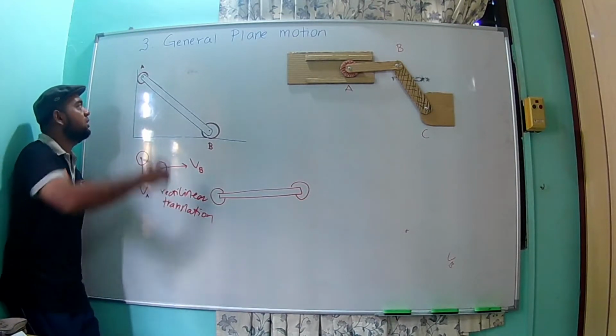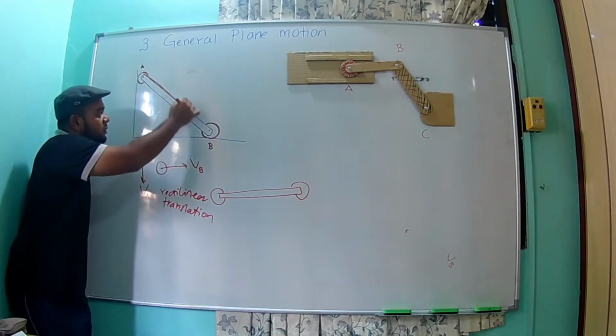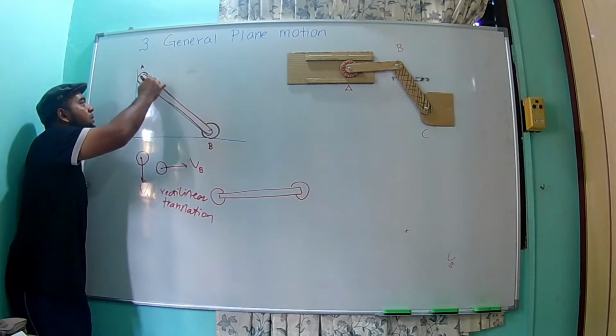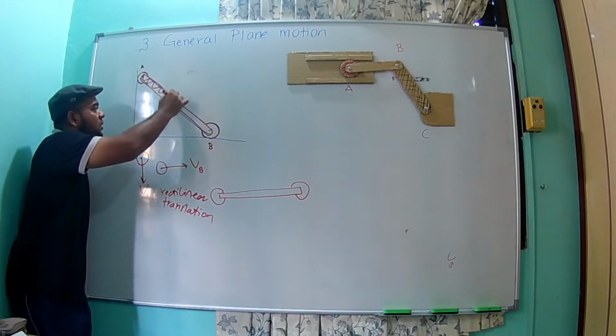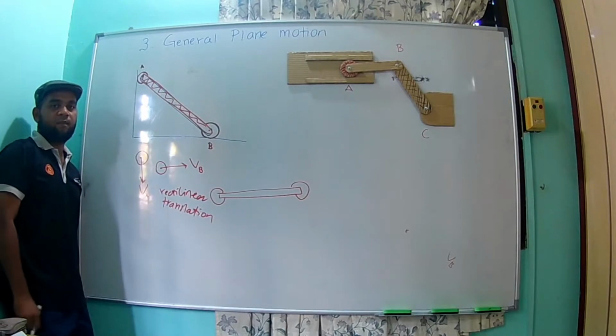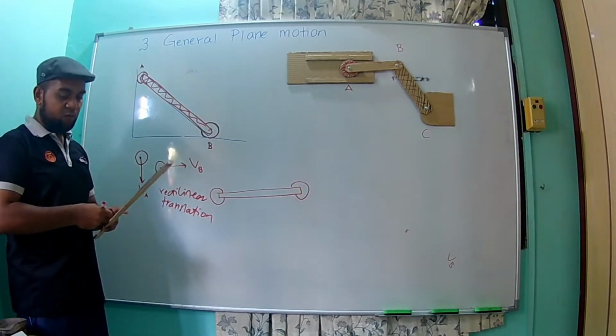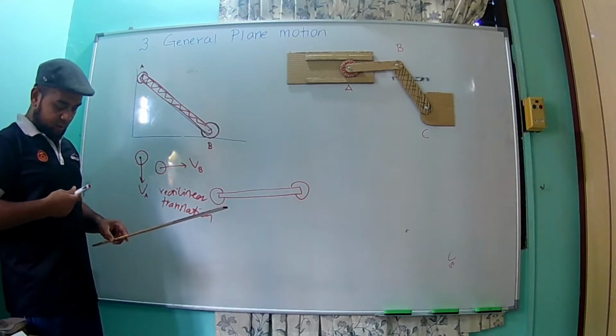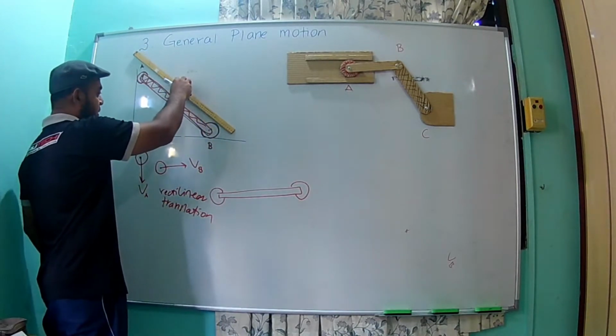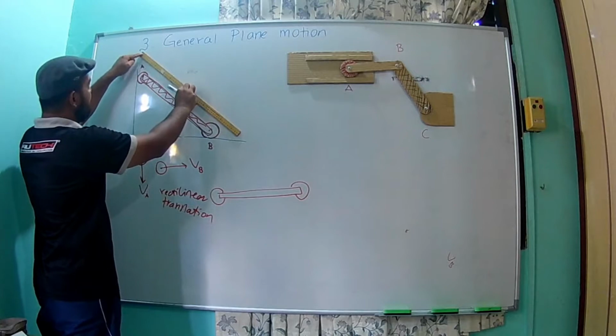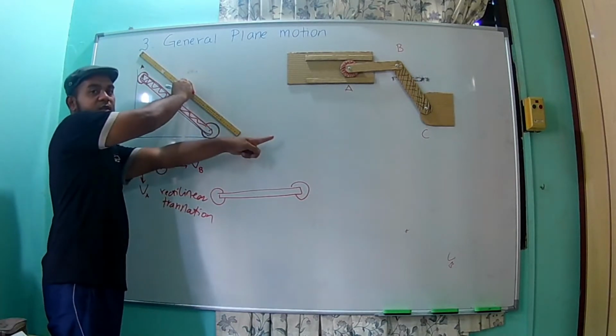But what happened to the whole rigid body AB? If you see the way this component moves, this part goes straight downward and this one goes straight that way.